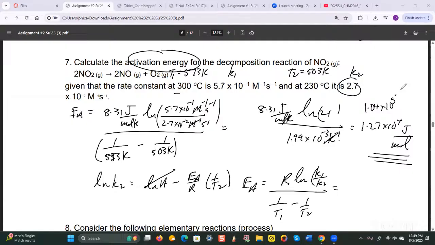I think I have discovered where I made the error. Let me do this one more time: 573 minus 513.